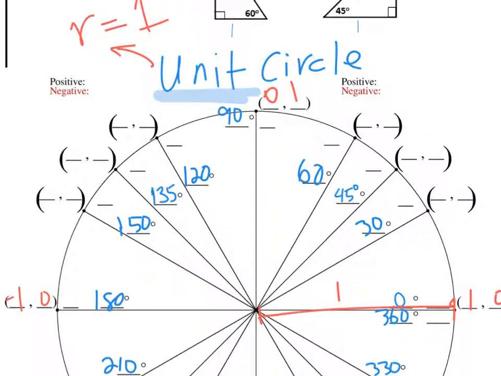Now we're going to do the hard ones, which is, let's do the 45s first. 45. So we're going to remember our 45, 45, 90 triangle, because essentially this is the triangle like that. Okay, this much is 45. From the 0 degree to that line is 45 degrees.